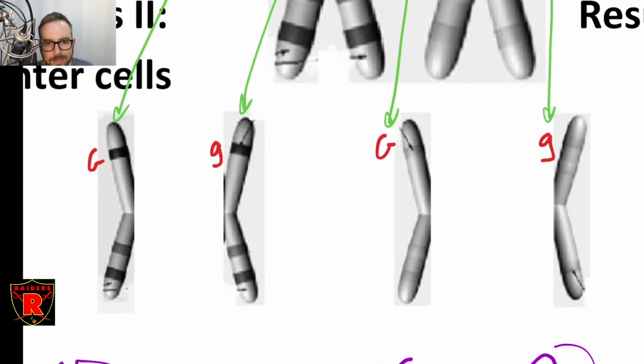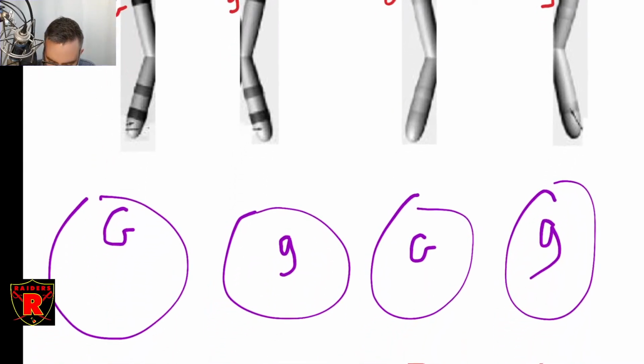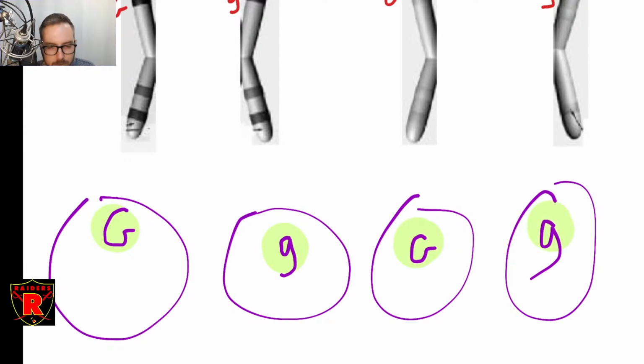Everybody with me on this? These are the 4 potential sperm that you would create: big G, little g, big G, or little g. You have 4 alleles in your genome for this gene. 2 of them are going to be paternal, and 2 of them are going to be maternal.